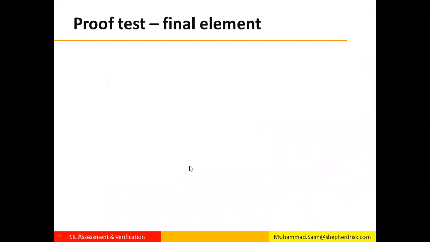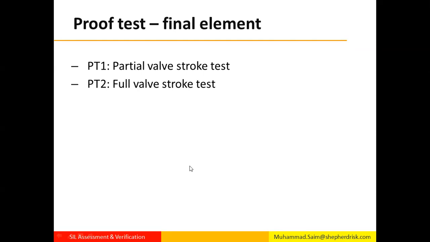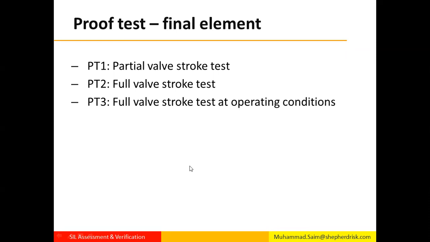So what is proof test for an ESD valve? A proof test may comprise different tests. For example, PT1 is a partial valve stroke test. PT2 is a full valve stroke test. PT3 is a full valve stroke test at operating conditions.